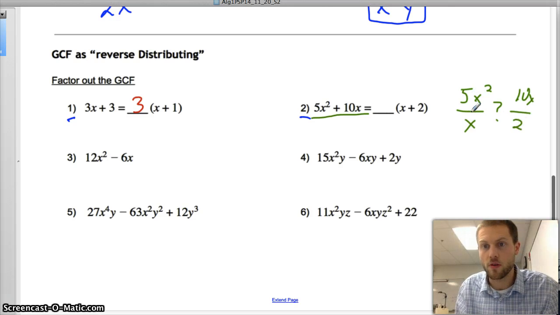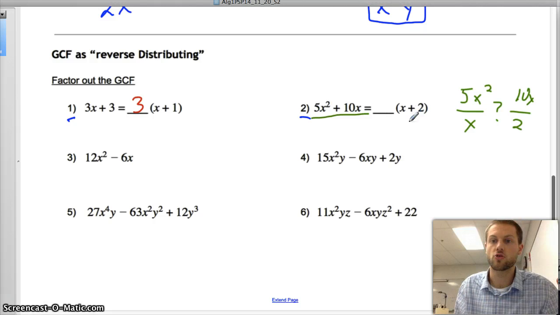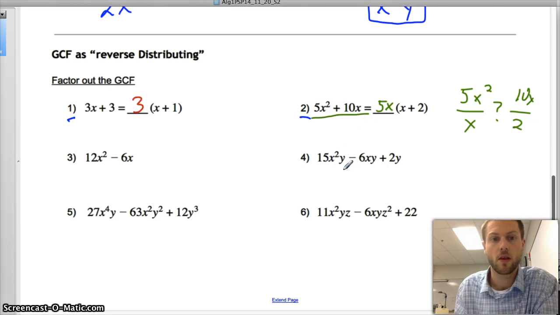The answer to both of these will be whatever the GCF is that we took out, because these are the terms that are remaining from our reverse distribution. So the answer here, if you didn't get it already, is going to be a 5x. I can double check it also by going the other direction. 5x times x and a 5x times 2 is going to come out to be 5x squared plus 10x.